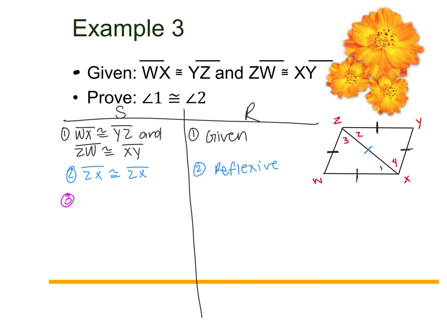So I need to state that triangle XWZ is congruent to triangle ZYX by side, side, side. Now, Gabe, what was the last step? Now I can state that angle 1 is congruent to angle 2, and how do I know that? Alternate interior. Not alternate interior.